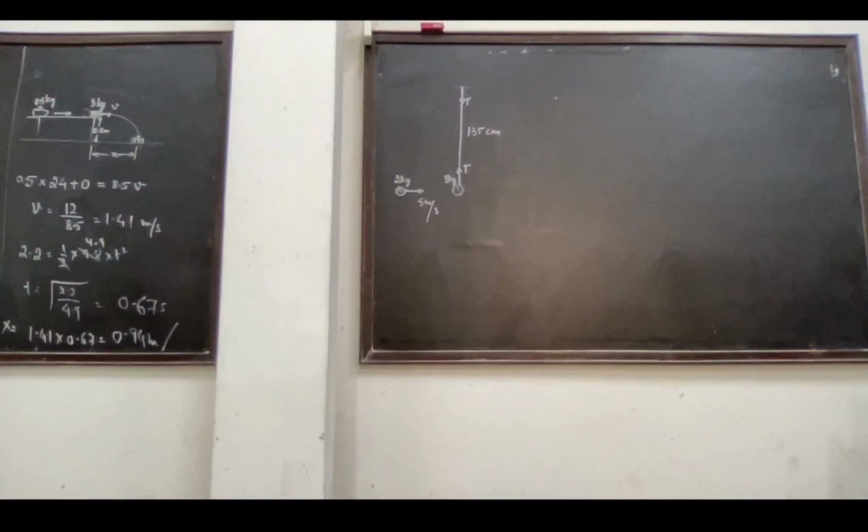What is the tension in the string before collision? Mg, right? What is it after then? Shouldn't it be Mg?